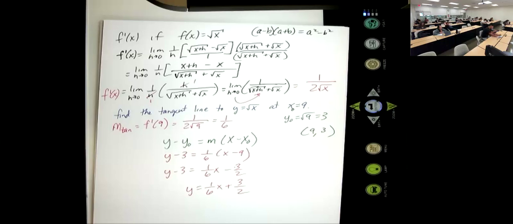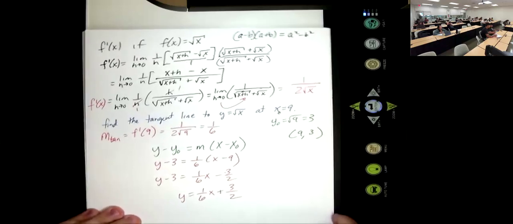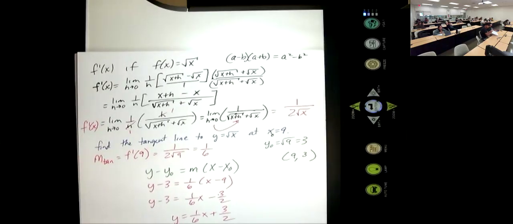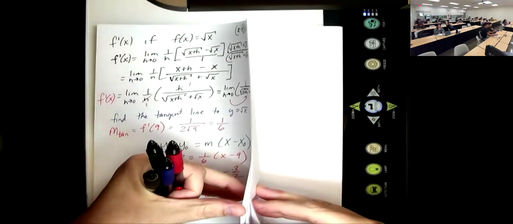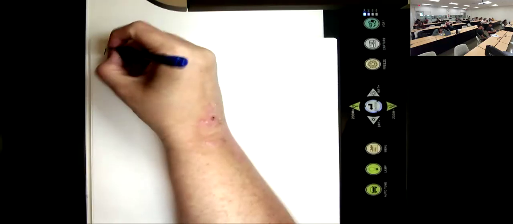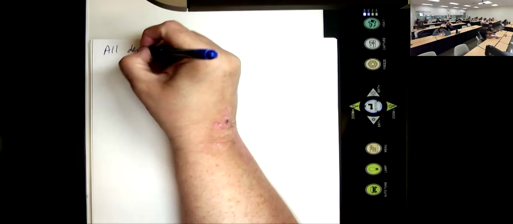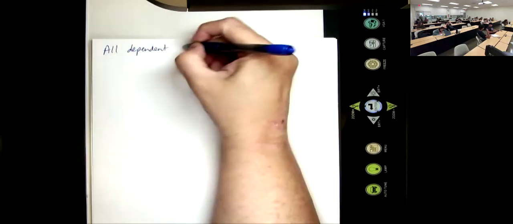So like all of this required that the limit exists, right? Every time I said the derivative there, it's provided the limit exists. So that's a pretty important concept. All of this was dependent on if the limit exists.